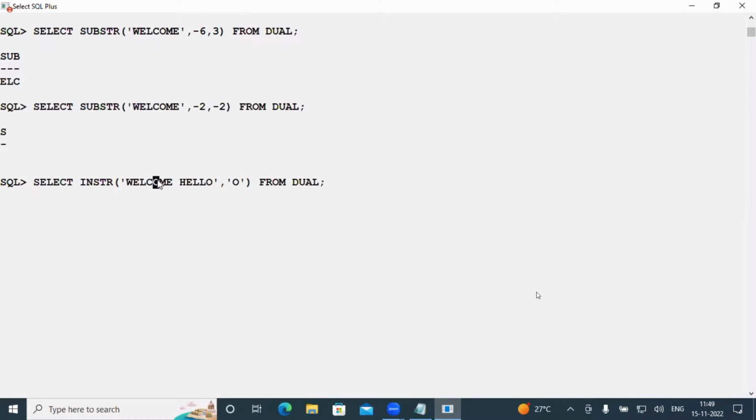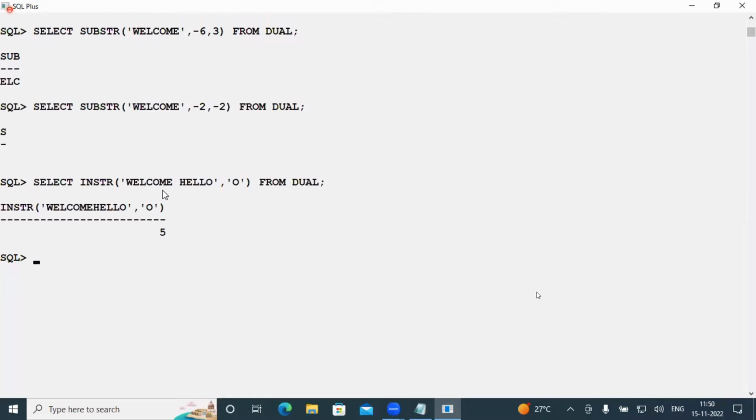Automatically, when the user has not mentioned any occurrence position, your system will take the first in, first out mechanism. So the first position of O is how much? 5. Then it returns 5.